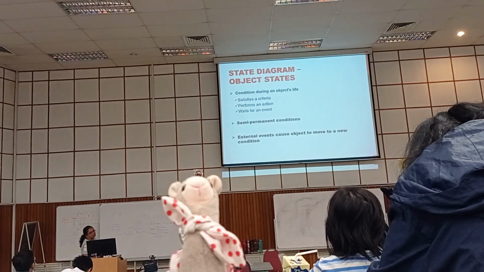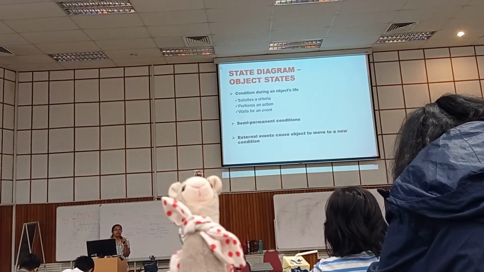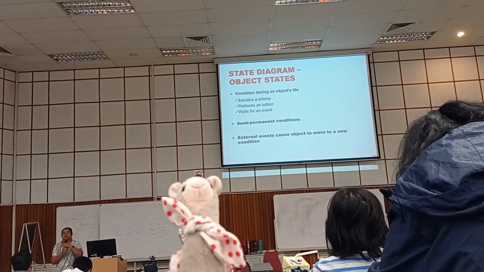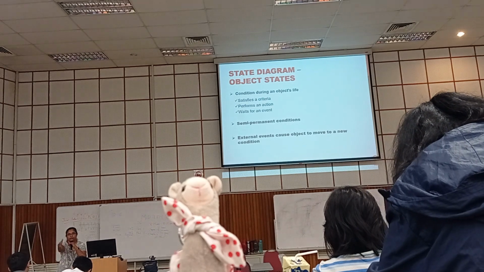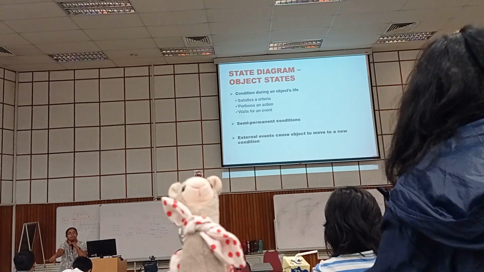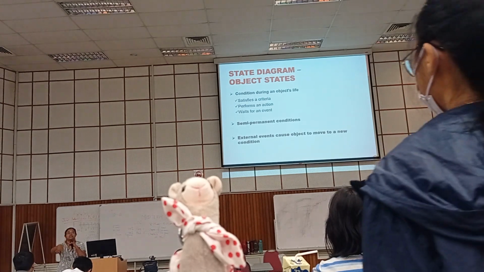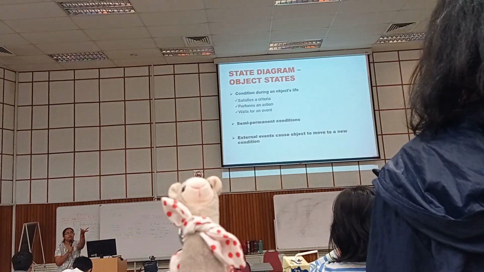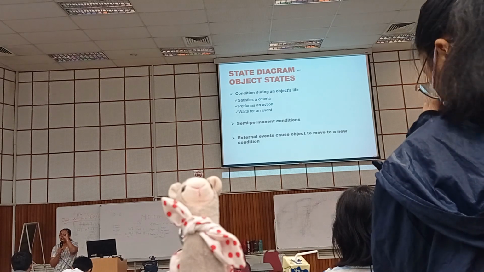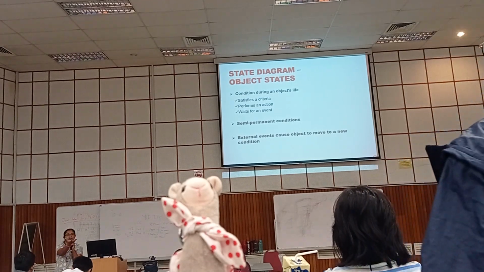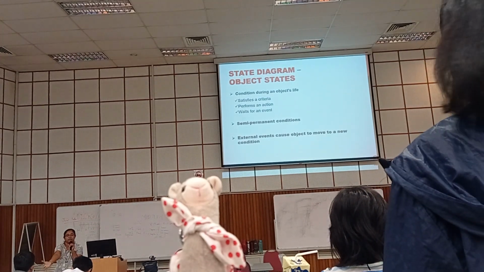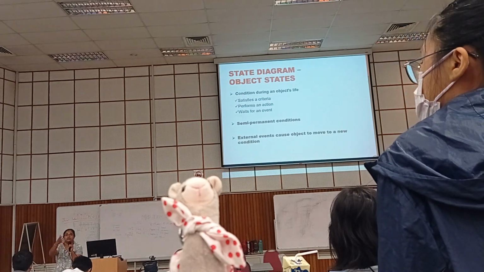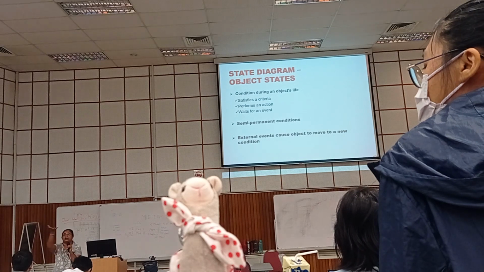Okay, now let's look at what are the things that change the state. Just now, okay class, just now available, correct or not? Your friend said available. Then become, okay, let's say reserved or become occupied. What makes the object change from one state to another state?